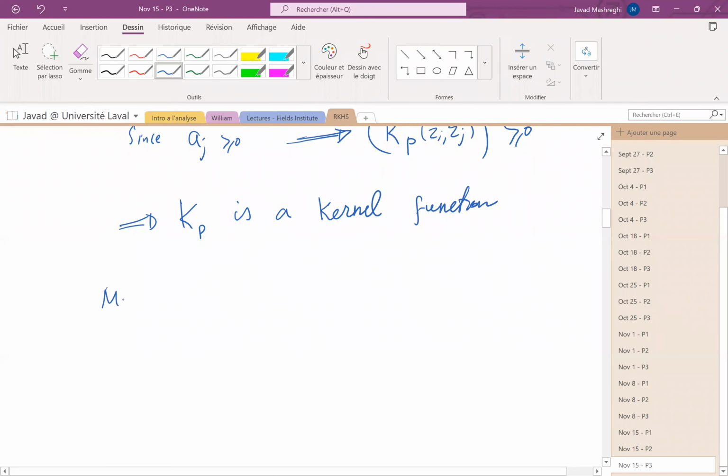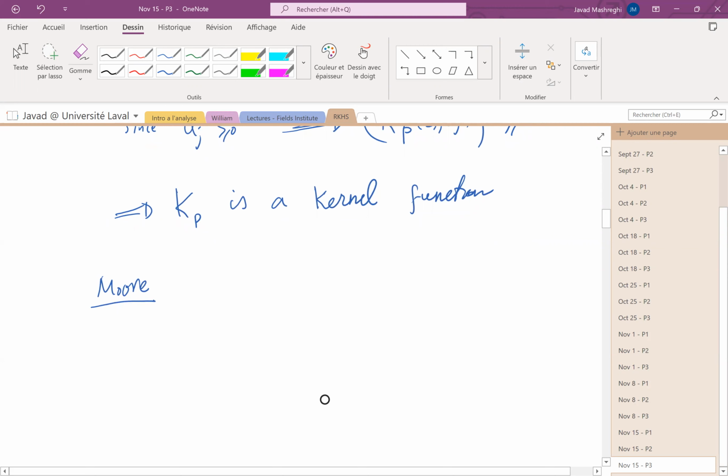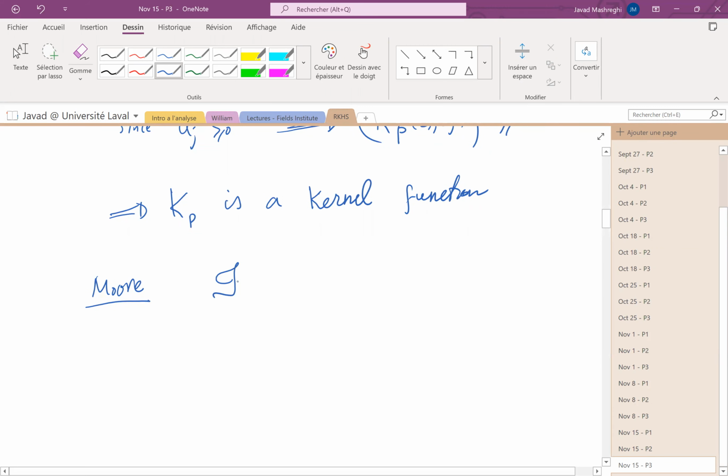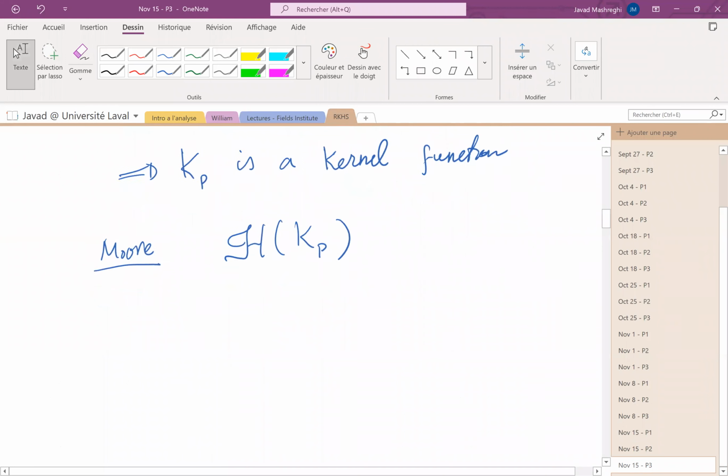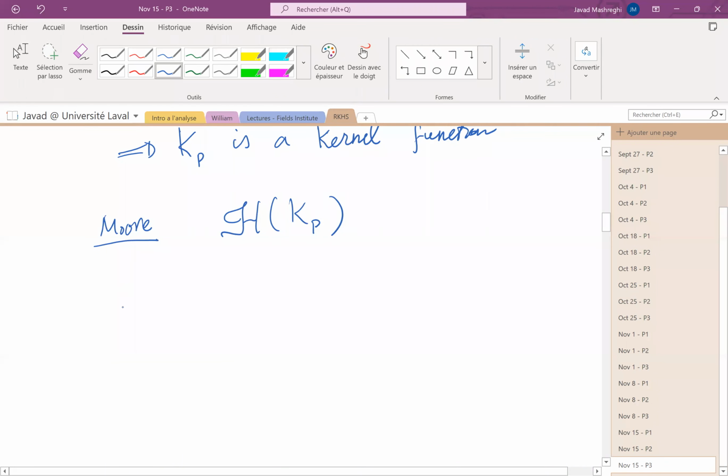And again, by Moore's theorem, which we discussed in detail, we have a functional space, which we call H_{K_P}. And there is a way to find some of its elements. The way is hidden in this observation. K_P of Z and W is the sum n from 0 up to N, a_n Z W bar to the power n.